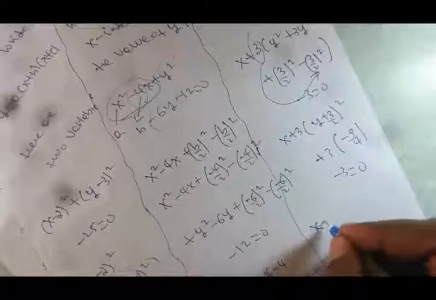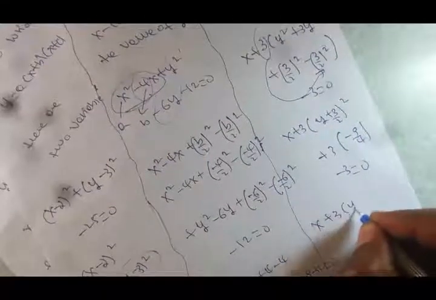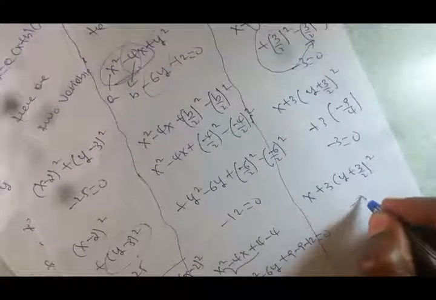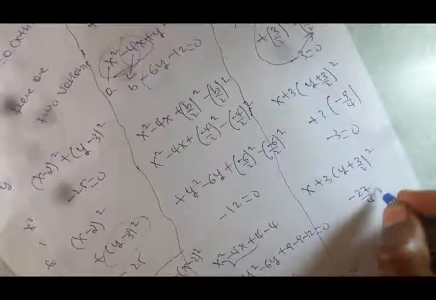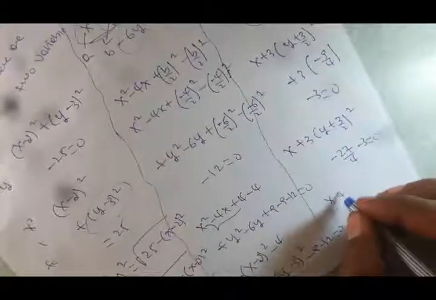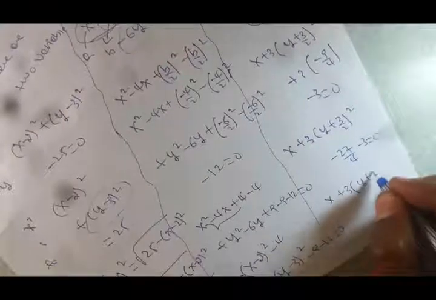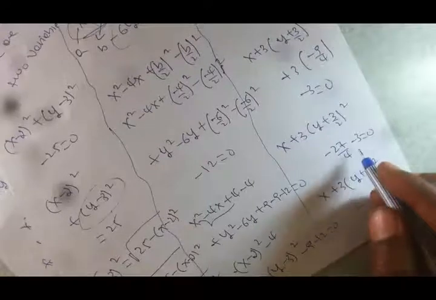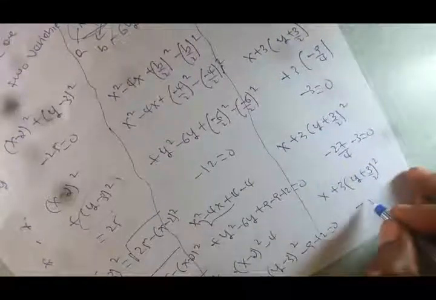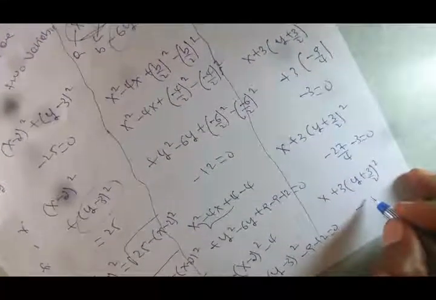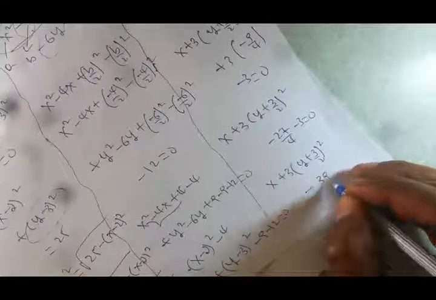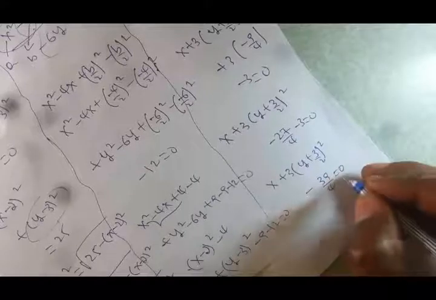Therefore x plus 3 times y plus 3 over 2 the whole square minus 27 over 4 minus 3 is equal to 0. Therefore x plus 3 times y plus 3 over 2 the whole square minus 39 over 4 is equal to 0.